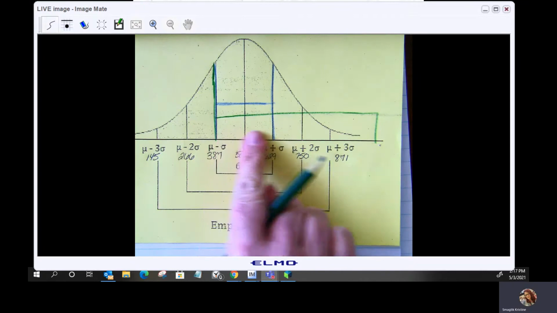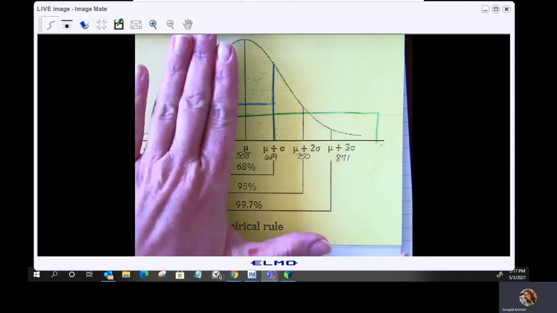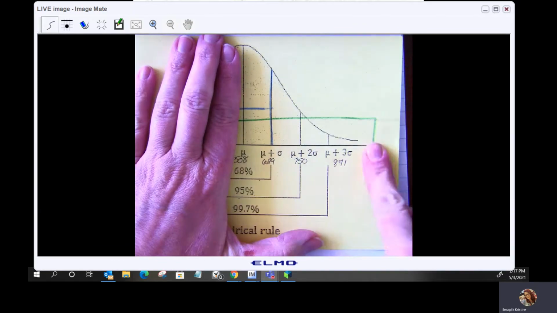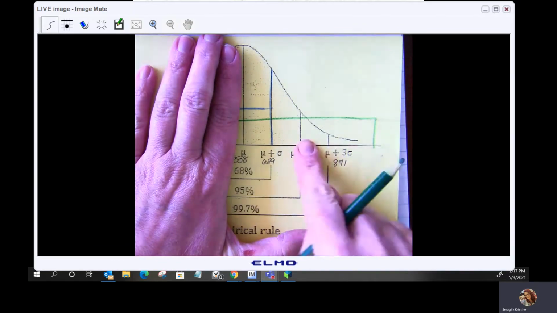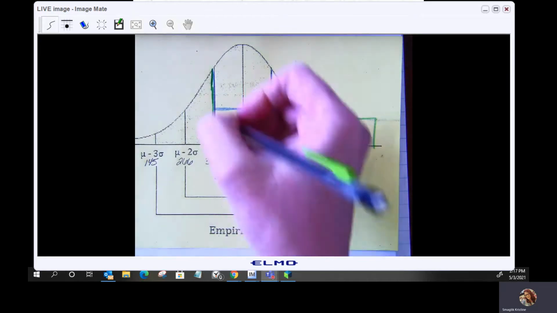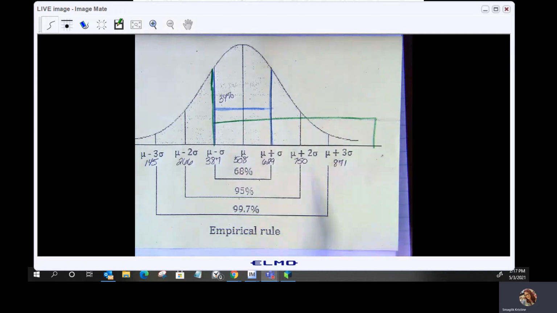I would need to add up all of these little intervals. So I can think of it this way. From the mean right is 50% of my data, 50 plus, and then what I have here is 34%. So 50 plus 34% is 84%.